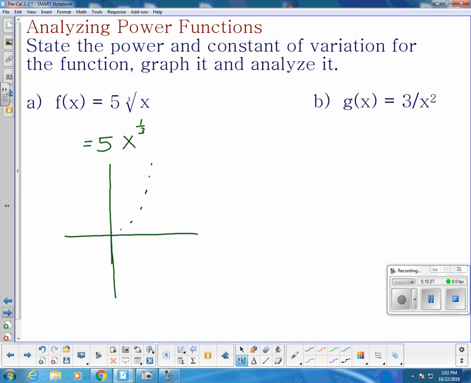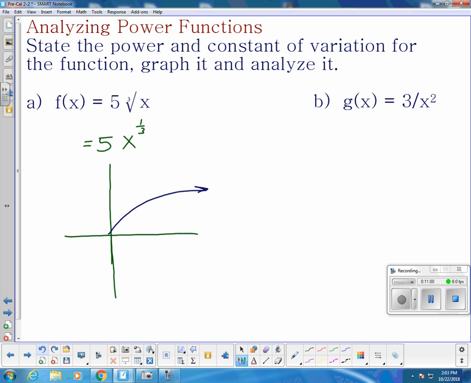A, B, or C. Which way does it look? B. It looks like this. That's my first quadrant. Okay? So we are just looking at the A value. Now we're going to pick it apart.